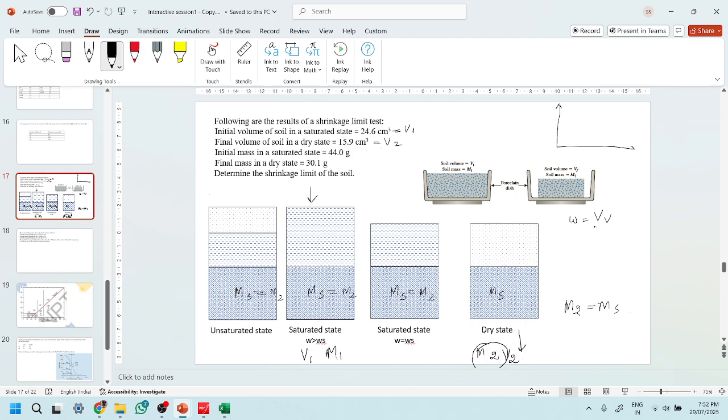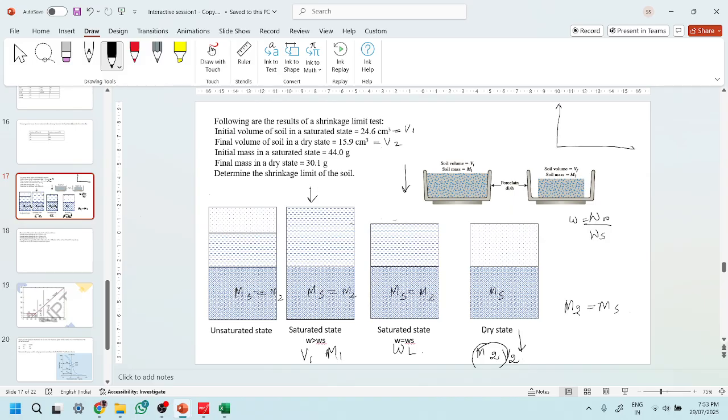So water content is weight of water by weight of solids. And at this saturated state, this is the shrinkage limit. You see the saturated state. You took a soil, then you saturated it, but you don't know the minimum amount of water for saturation, so you have gone above that.